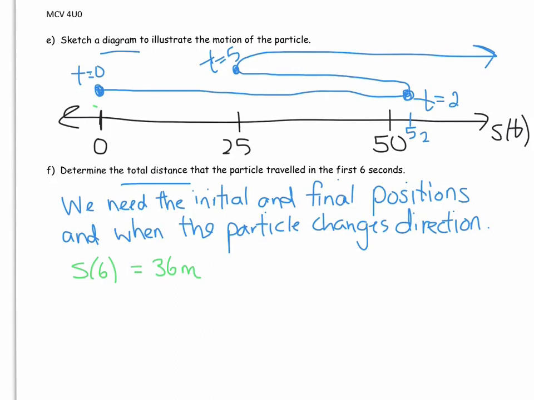So our total distance, we're going to add up all these different segments and how much was traveled. In the first 2 seconds, you can see that it was 52 meters. From 2 to 5 seconds, we traveled from 52 to 25, so that's 27 meters.